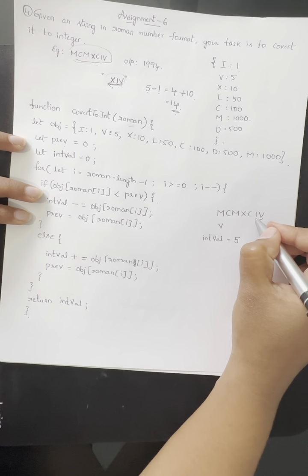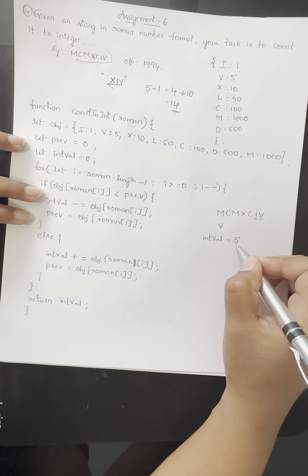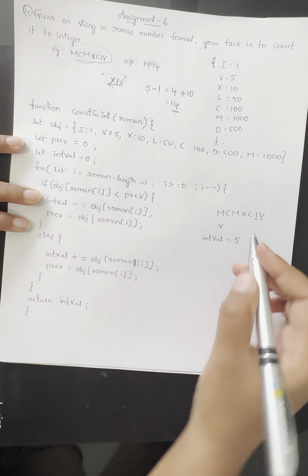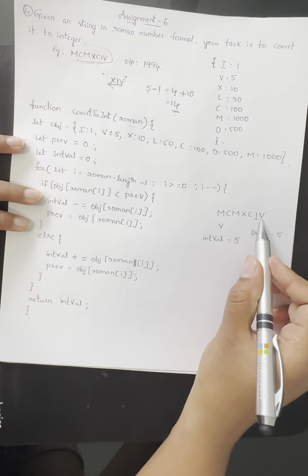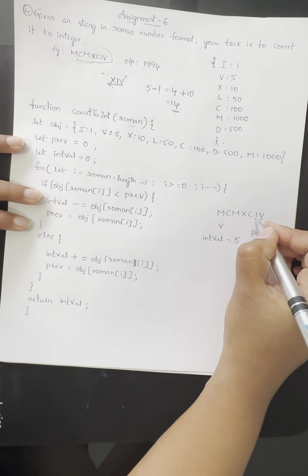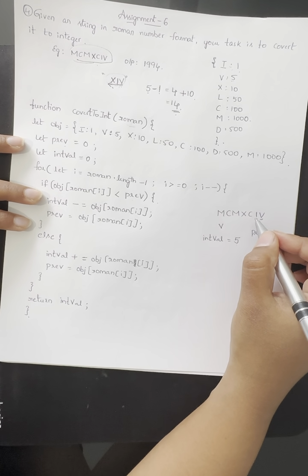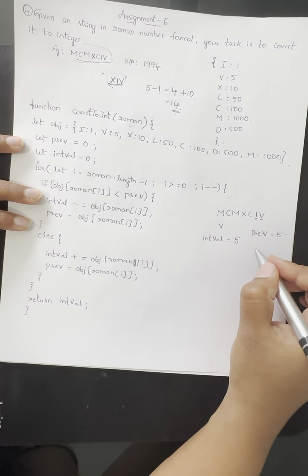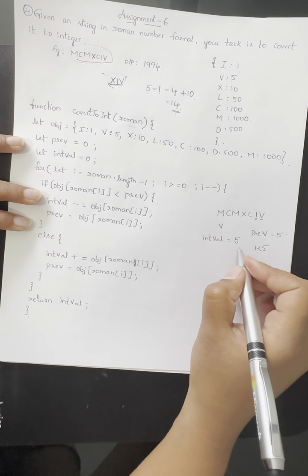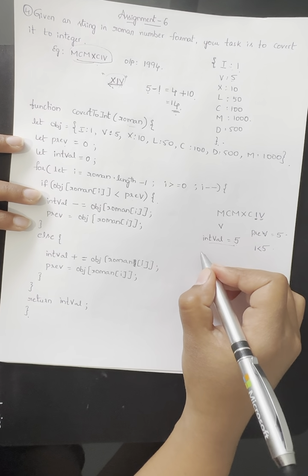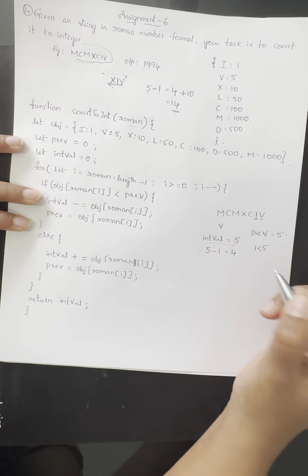Now we go to the next one, which is I, 1, and 1 is less than the previous, which is 5. So we subtract it from the integer value: 5 minus 1 equals 4.